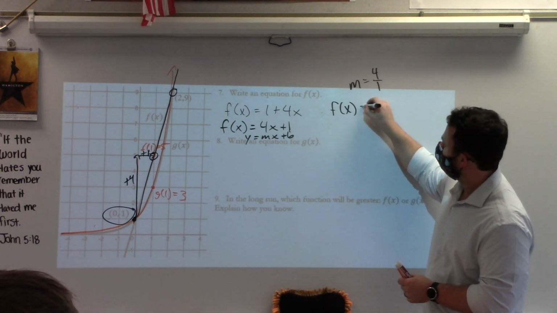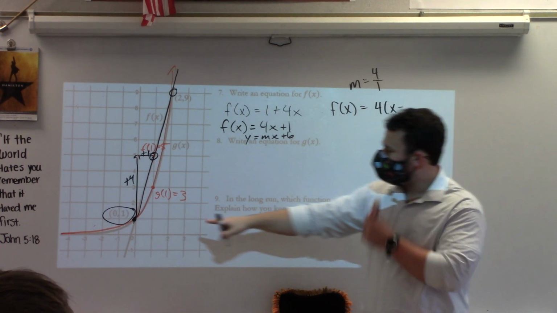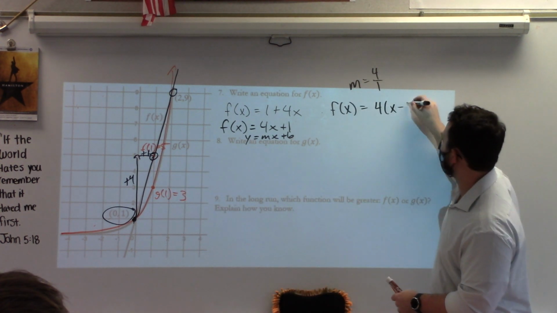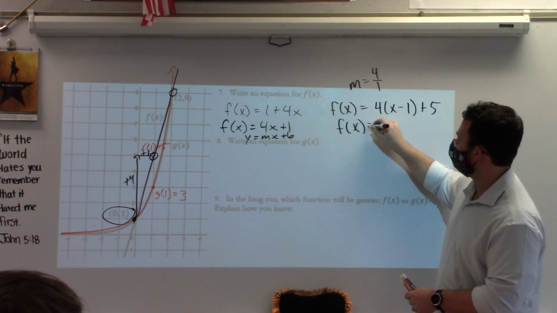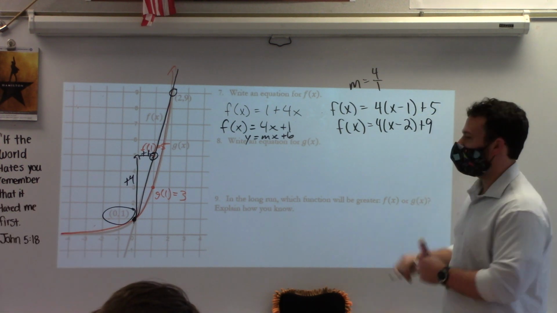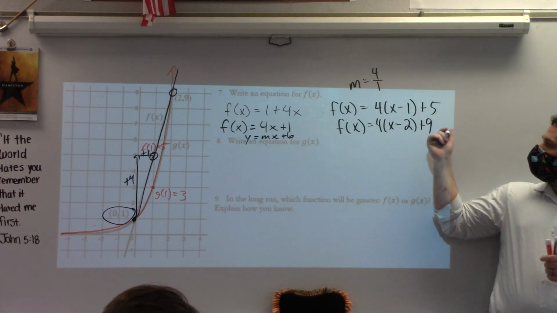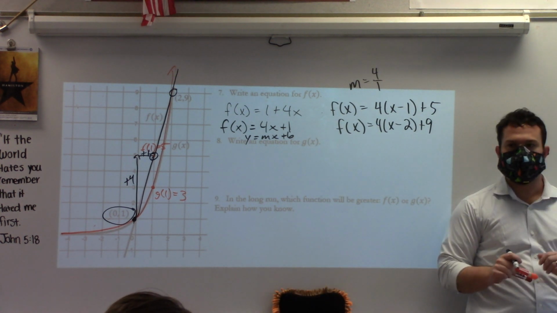Okay? So 4 times x. Now, if you're using that point, it'd be x minus 1 plus 5. If you're using 2, 9, it would be 4 times x minus 2 plus 9. And all 4 of these equations are describing the same exact line, so they're equivalent.